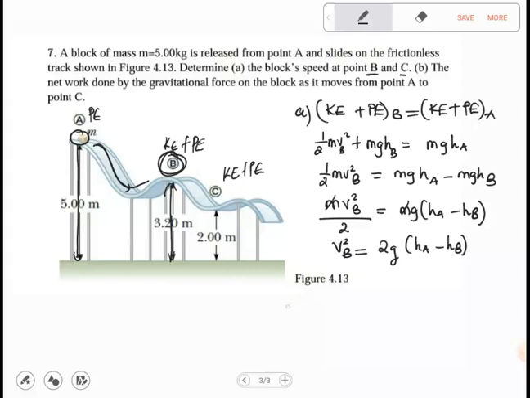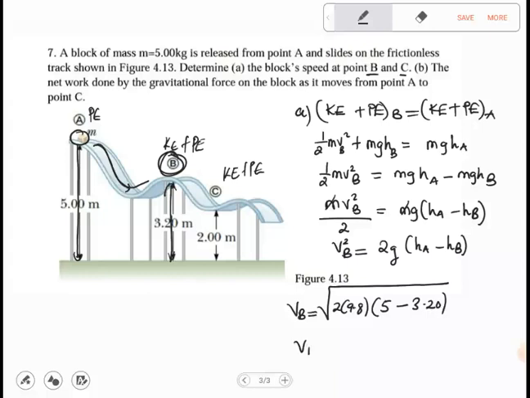So the velocity at B will be equal to the square root of 2 times g, where g is 9.8, the value of gravity on Earth, times (h_A minus h_B). h_A is the height at A, which is 5, minus the height at B, which is 3.20.